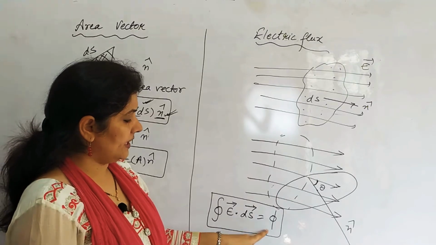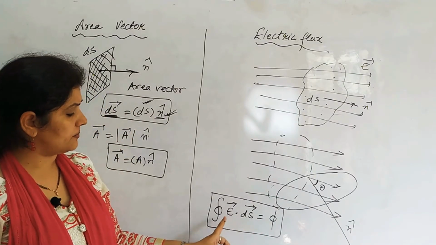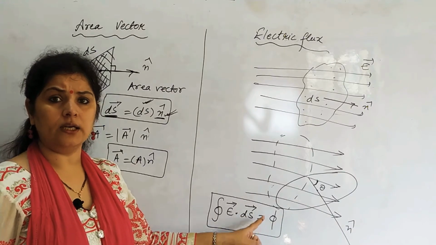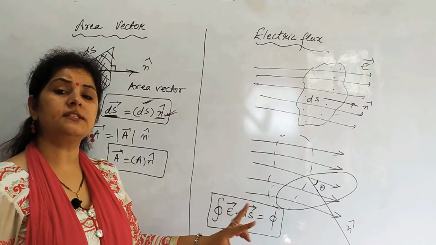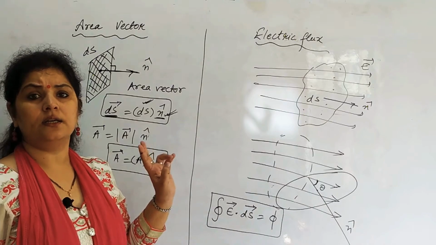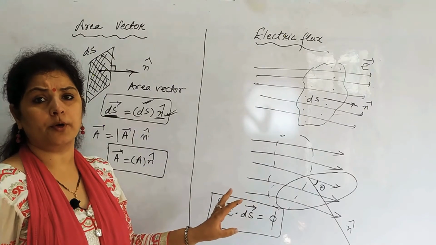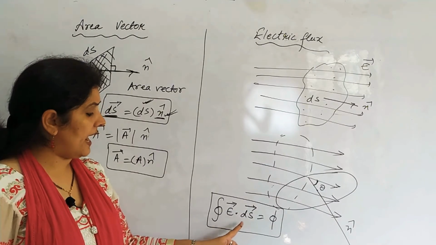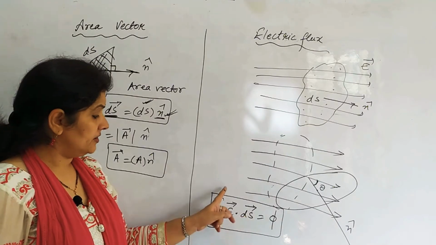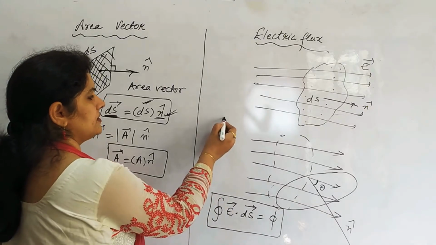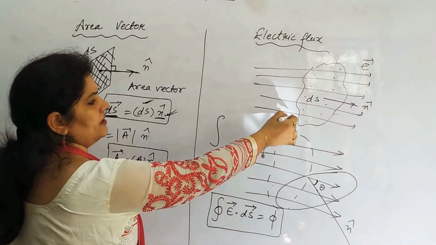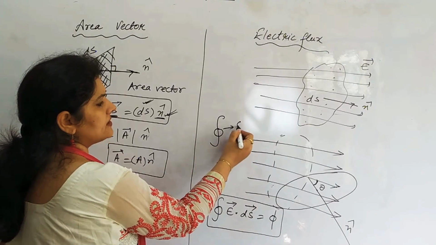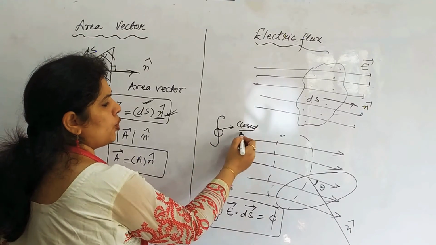How do we calculate electric flux? We calculate electric flux by writing E dot ds. Flux is a scalar quantity. Scalar quantity means it can be expressed as a dot product or scalar product. So it is the dot product of electric field, we have studied about electric field, and the area vector. This sign has been used. This is the integration sign. So I am taking this part, I am integrating the whole part, and this part tells us that the surface is closed.